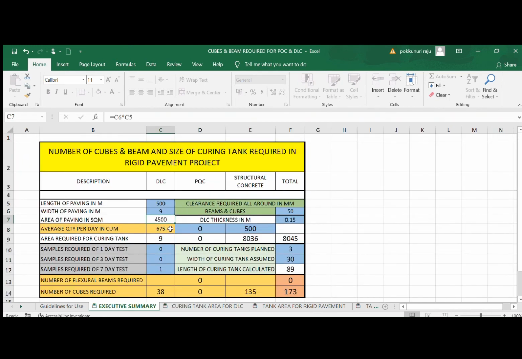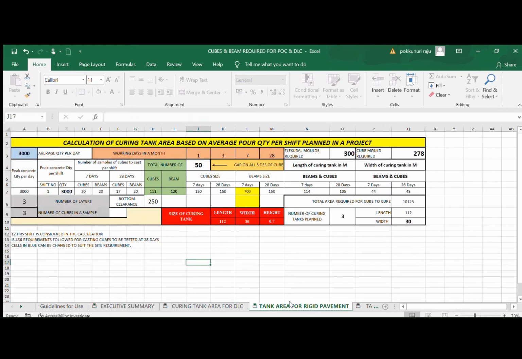And similarly, if you talk about PQC, say around 3,000 cubic meters of PQC we plan to do in a day, then going to the PQC sheet, you can see that for doing a PQC of 3,000 cubic meters, you need 20 beams and cubes for 7 days and 17 cubes and 20 beams for 28 days.